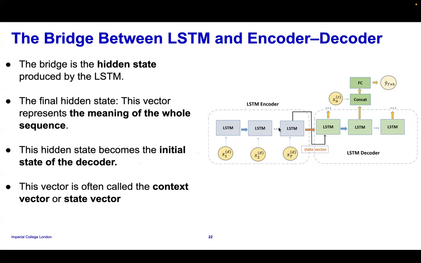Now, one key thing: if we have a very long sentence, from X1 maybe to X20 or X50, all the information in the sentence is composed into what?